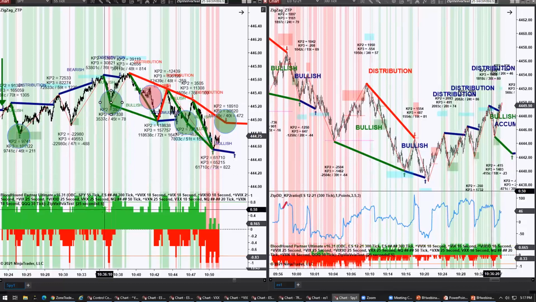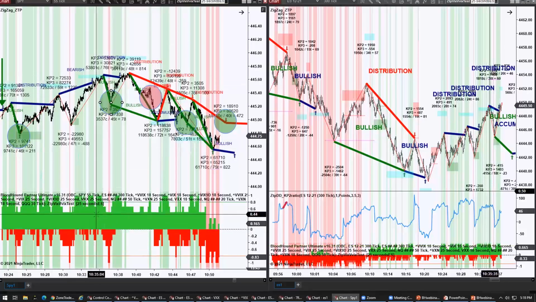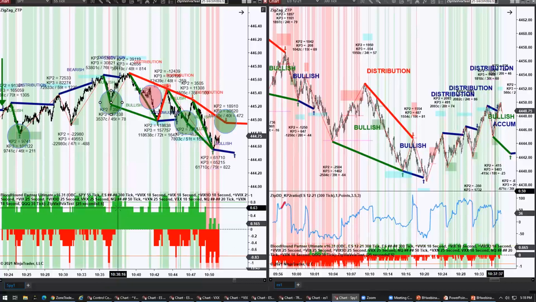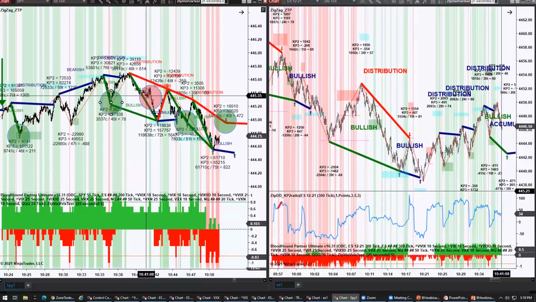Right there. Now, this red right there, that's what we're attributing to the pullback in price. This stayed fully green. And that, again, that's the advantage of this as a trading idea.